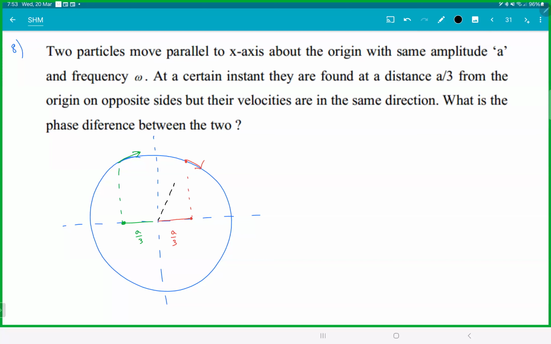So you're asking me to find this angle, 2 phi. That is the phase angle between them. If that is phi, this is phi. Sine phi is 1 by 3. Therefore, the phase angle between them is 2 phi, 2 times sine inverse 1 by 3.